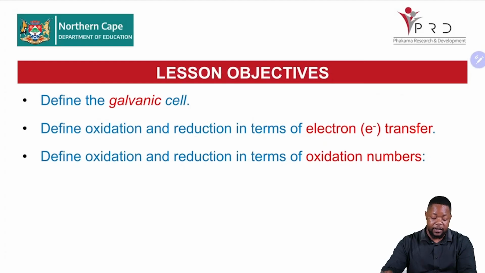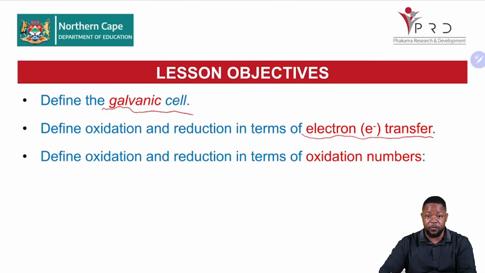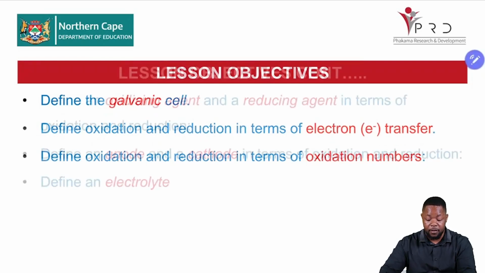At the end of this lesson, you need to be able to define a galvanic cell. You need to be able to define oxidation and reduction in terms of electron transfer. And we also need to be able to define oxidation and reduction in terms of oxidation numbers.